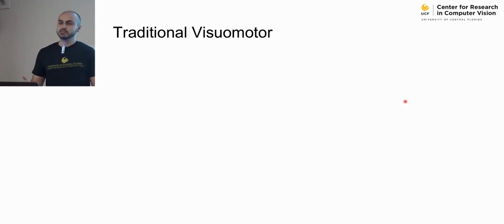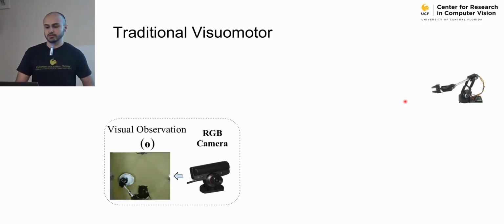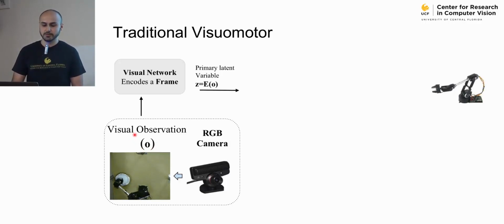So what is a visual motor? What does a traditional visual motor structure look like? Assume that we have a robot and we have an RGB camera which is continuously capturing the visual world for us. We call the visual observation O here. We have a visual encoder that encodes the frames for us and produces the primary latent variable named Z. So the primary latent variable is a representation of our visual world.